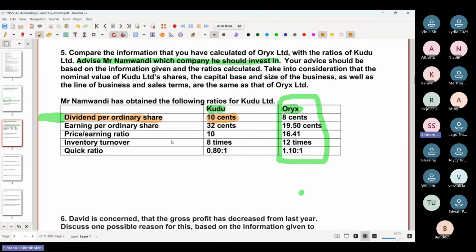Earnings per share, you are still also going to do the same thing. As long as you know what is earnings per share. It's this one and this one. Which one is better? Inventory turnover, you're still just going to say the same thing. You can even switch them up that when you come to quick ratio, you can even say Kudu is not able to cover their short-term debts.